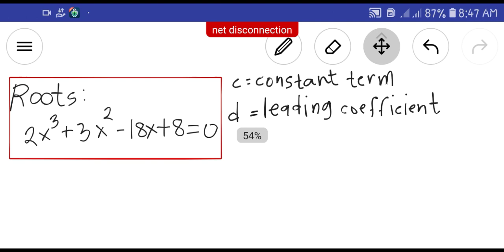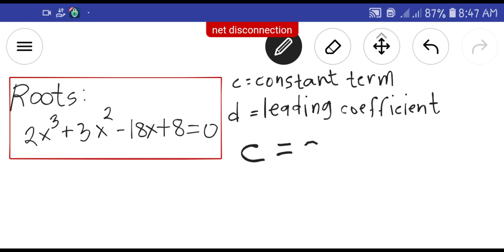In this case, the constant term C is 8, and the leading coefficient D is 2.